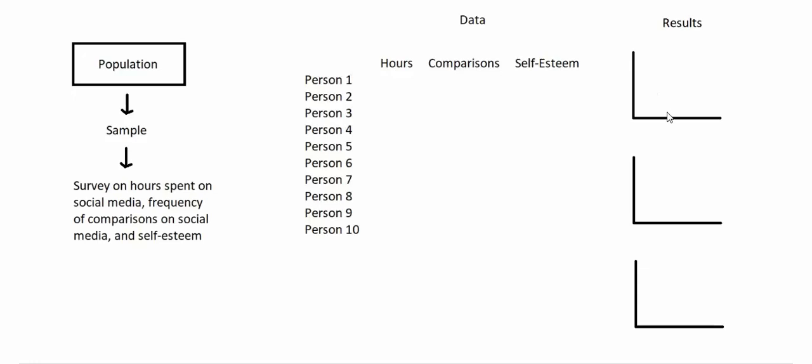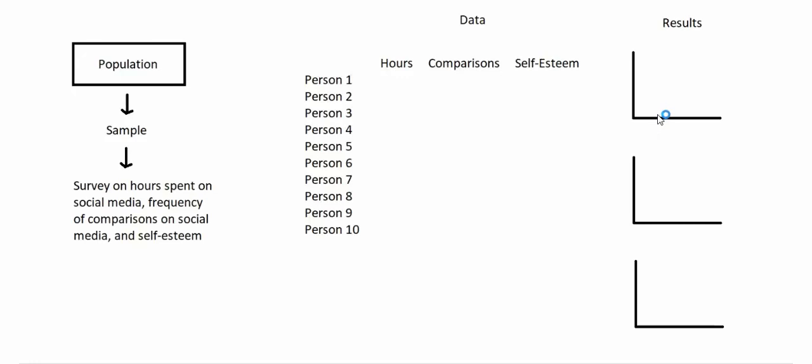So if it's positive one way, it'll be positive. Let's say it turns out to be a positive correlation with hours on X and comparisons on Y, it'll still be positive if you flip them around. So it's not going to affect the trend that you end up seeing in the scatter plot.